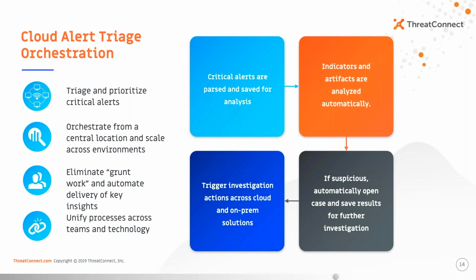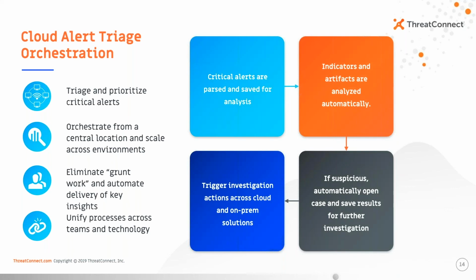So example number one, cloud alert triage. This playbook is going to triage cloud alerts and response processes across network perimeters. It's important to highlight here that we're not talking about becoming a SIEM or replacing a SIEM. We believe a SIEM or log analytics tool should do what it's good at. But even when those are highly tuned, the amount of alerts they produce can really be overwhelming for our analysts.